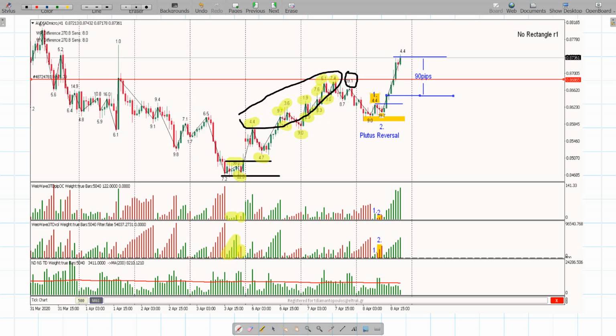This is probably some kind of fib 50 or something like that from this right here. If it was the fib area, it could be something like, I don't know, 50 here and 60 here. So what do we see here?